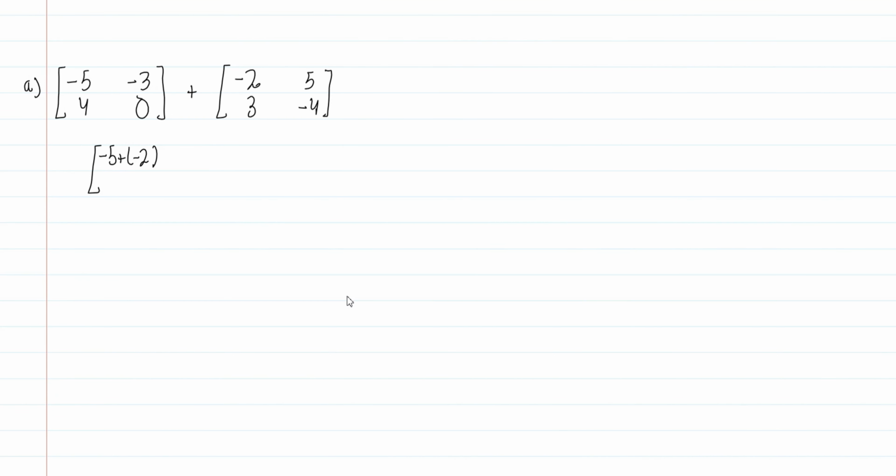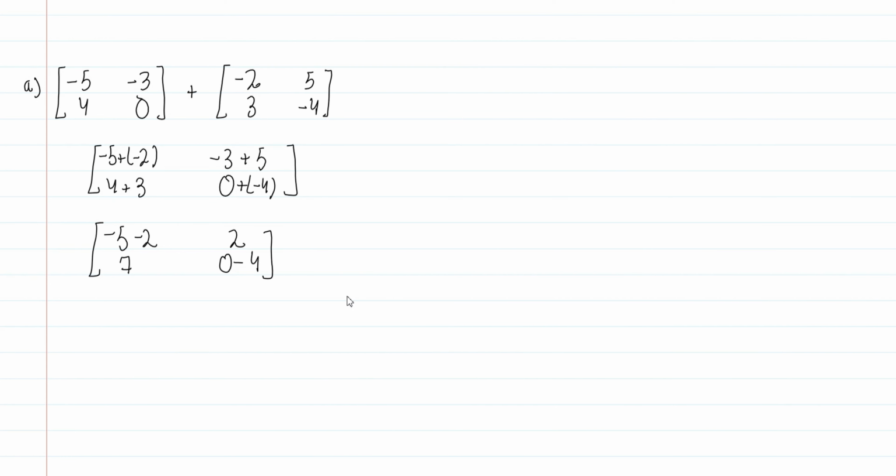Okay. -3 is going to be added with 5. 4 + 3, 0 plus and -4. Okay. So first simplify. -5 plus -2, and -3 plus 5 is going to be +2. 4 + 3 is 7. 0 plus minus, 0 plus minus minus 4.